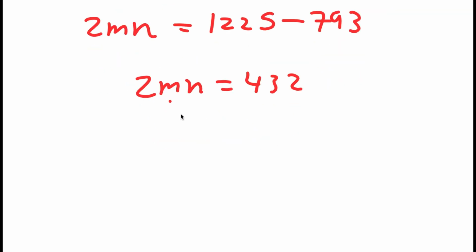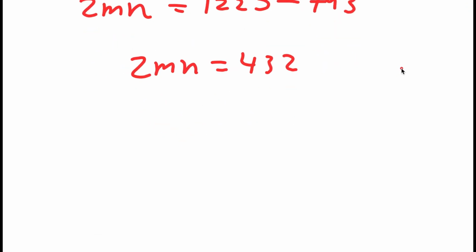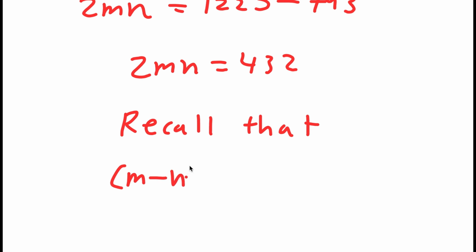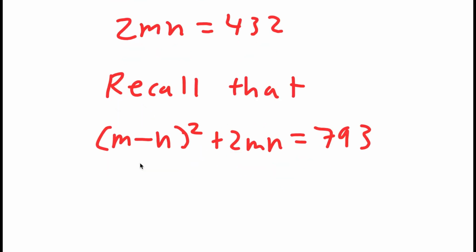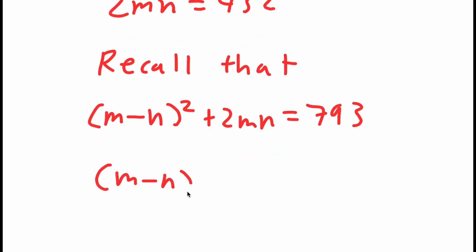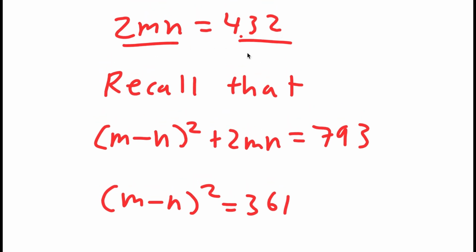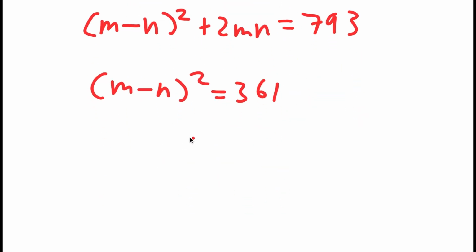Now, recall that m minus n squared plus 2mn is equal to 793. So this means that m minus n squared is equal to 361, because 2mn right here is 432.